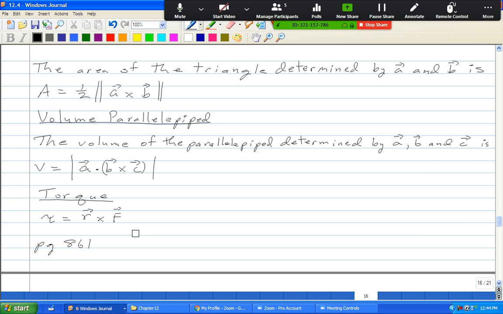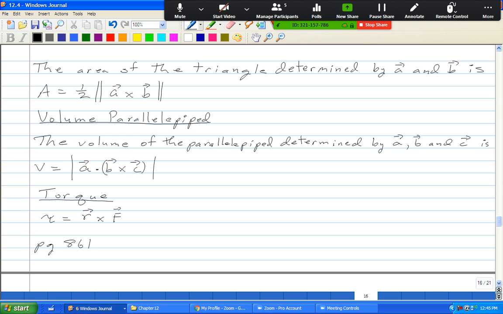That's the point at which you're rotating. Then the torque is defined as that cross product. It's going to be perpendicular to those two vectors.